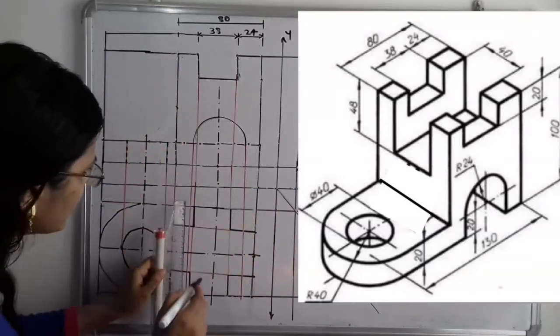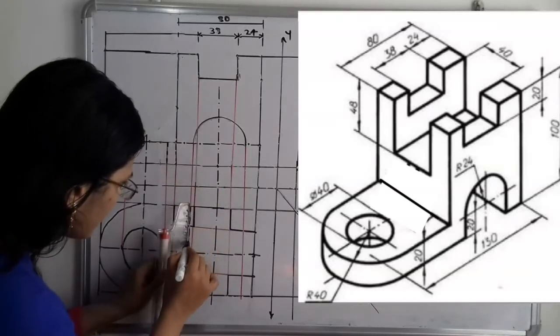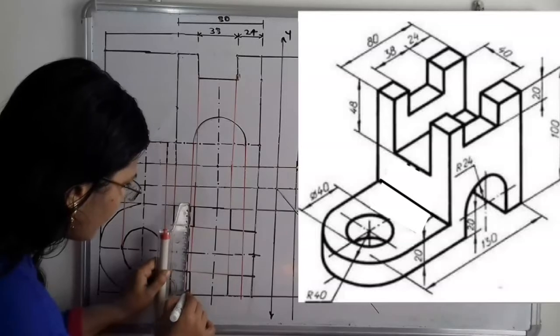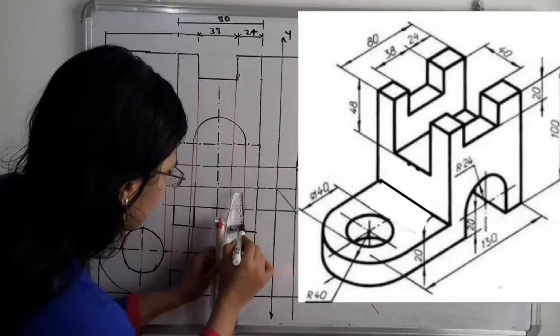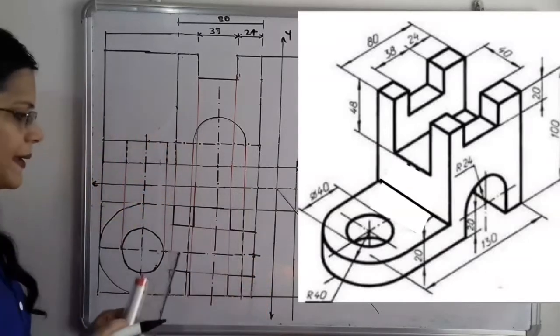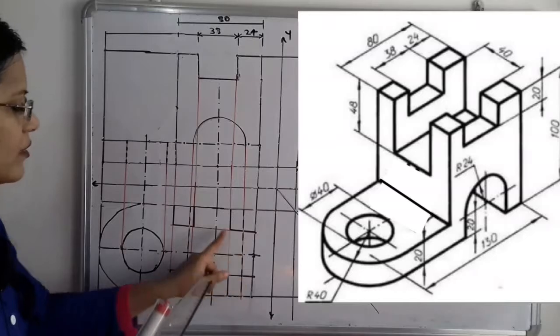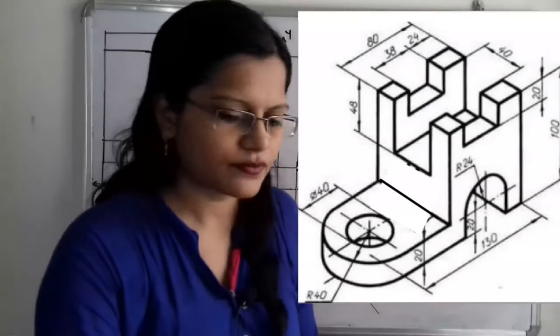So we have to show this extension in the form of dash. Here in the form of dash we have to show this whole structure. And this is the center. So we come to know that this is the semicircular structure.